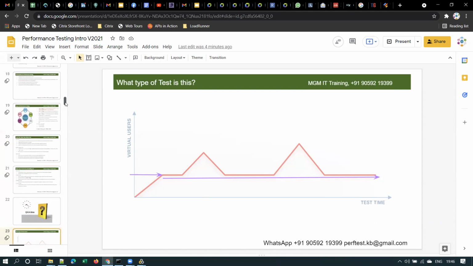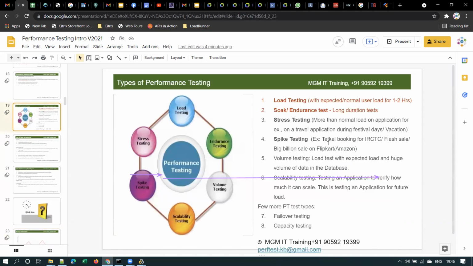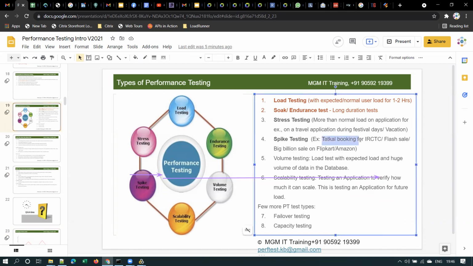That's what we discussed just now, isn't it? For what kind of applications do we do spike testing? For Flipkart or Amazon, whenever there is a Big Billion sale or flash sale, there may be a sudden surge in the user load.